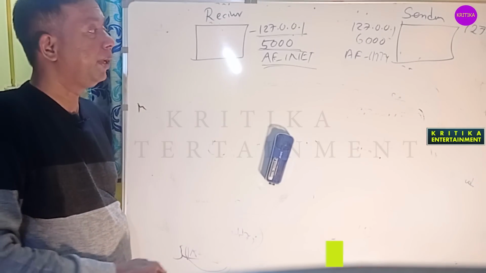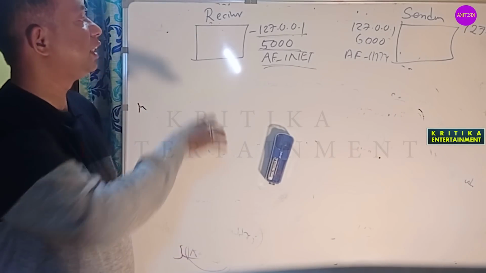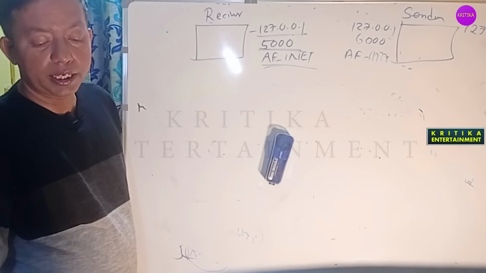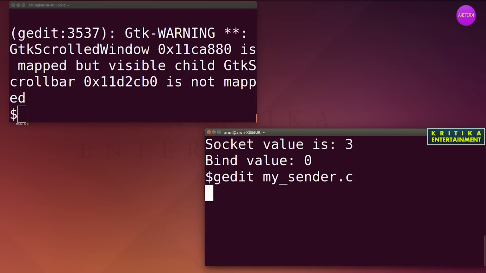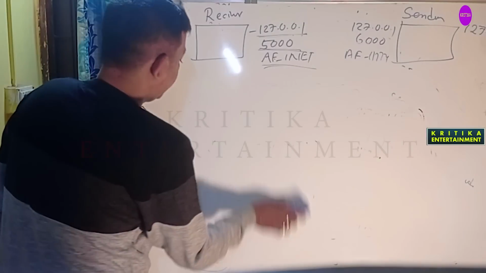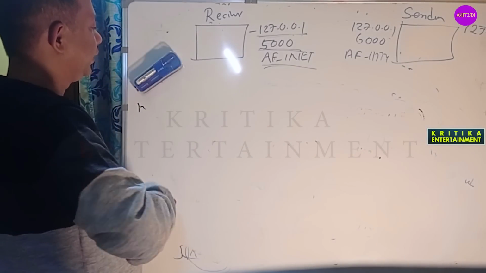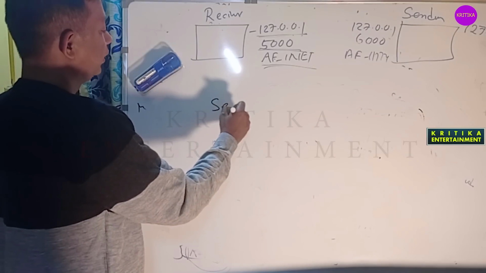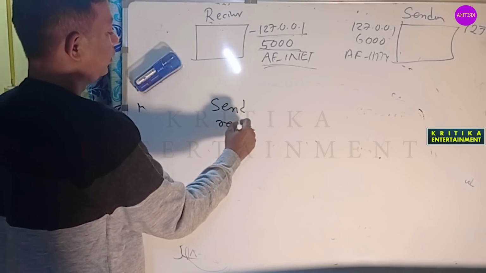Then what will happen? The sender will send the first message to the receiver, because that name is sender. So how to send? To send a message in TCP we use the send and receive functions.